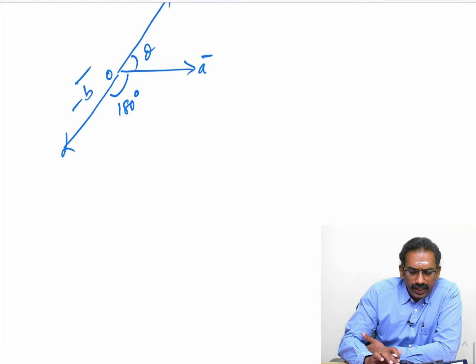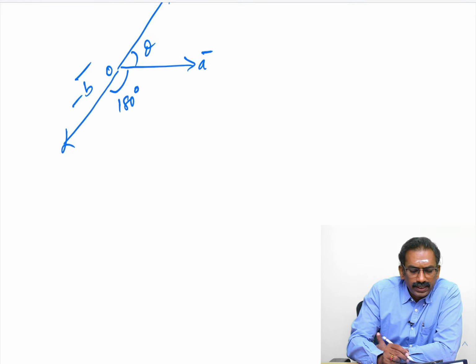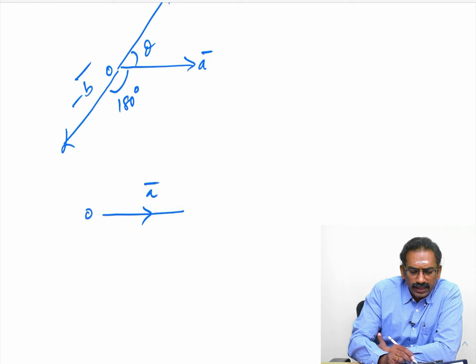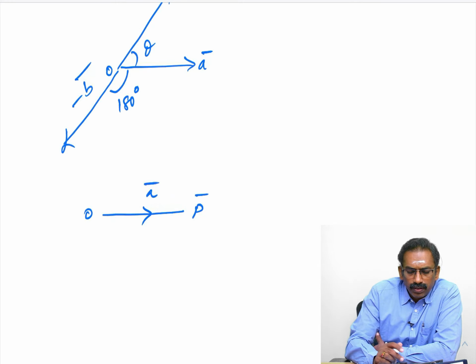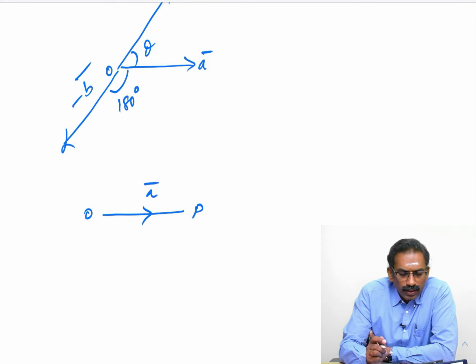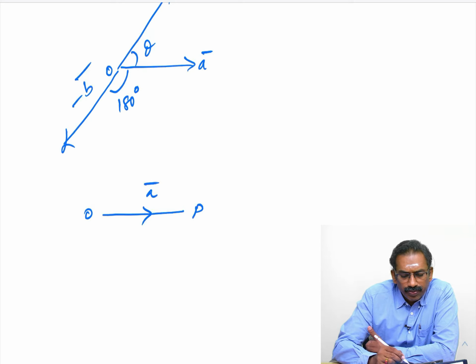Take this a vector, don't change the direction. This is a vector represented by OP. Bring the tail of minus b vector to the head of a vector.